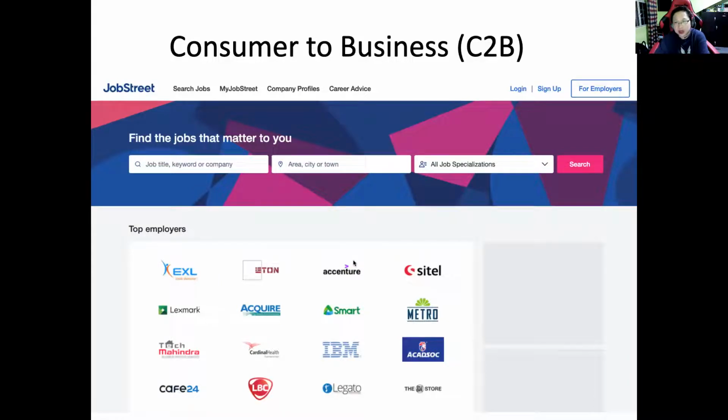So when you go to job sites like Job Street, you as a consumer, or as a person, can create your profile and upload your resume, where in essence you are offering your services to employers for hiring, whether for a permanent position, casual position, or internship, depending on the job or opportunity that is posted on the website.